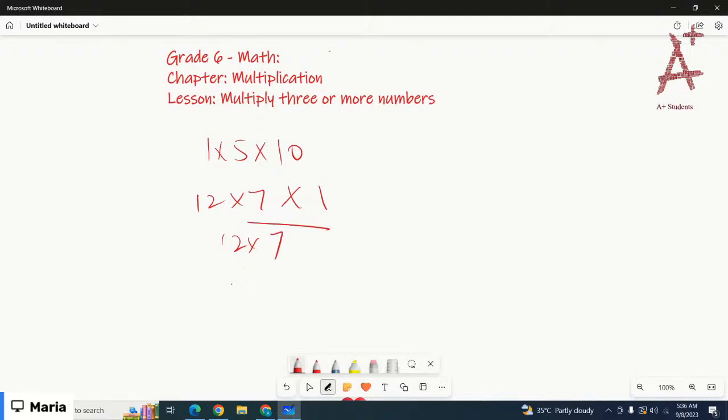You are left with again two numbers. Just multiply them, right? So 12 times 7: 7 times 2 is 14, 4 over here and carry 1. 7 times 1 is 7 and 1 is 8. So 12 times 7 is 84.